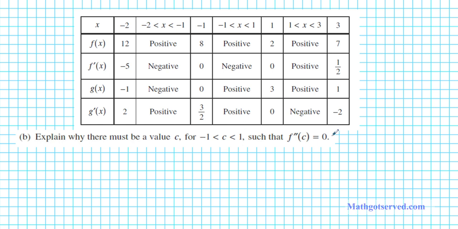We don't have the graph of f double prime or any information about it, but we're using f prime to form some conclusions about f double prime. At f double prime of c equals 0, what does this mean? This is basically telling us that the instantaneous rate of change, also known as the derivative, of f prime at some c between -1 and 1 is equal to 0.